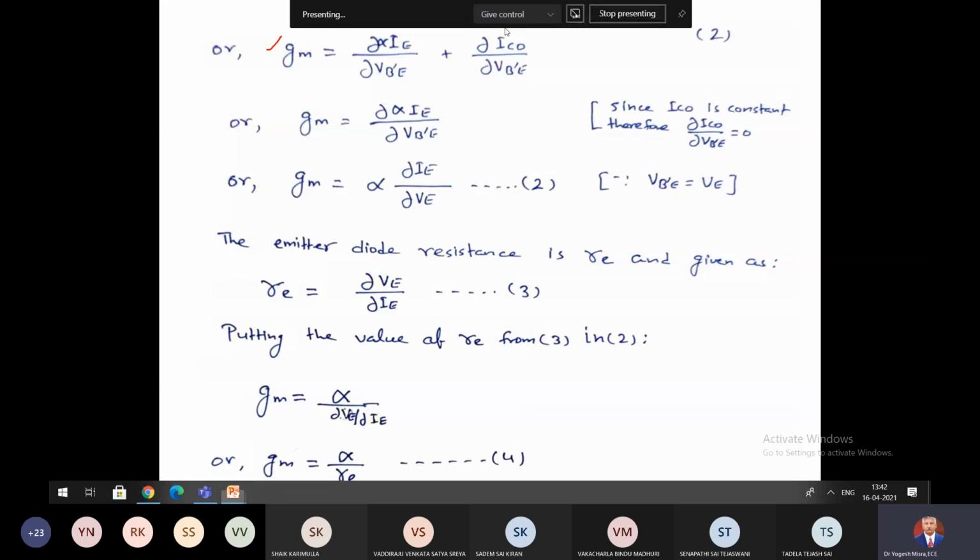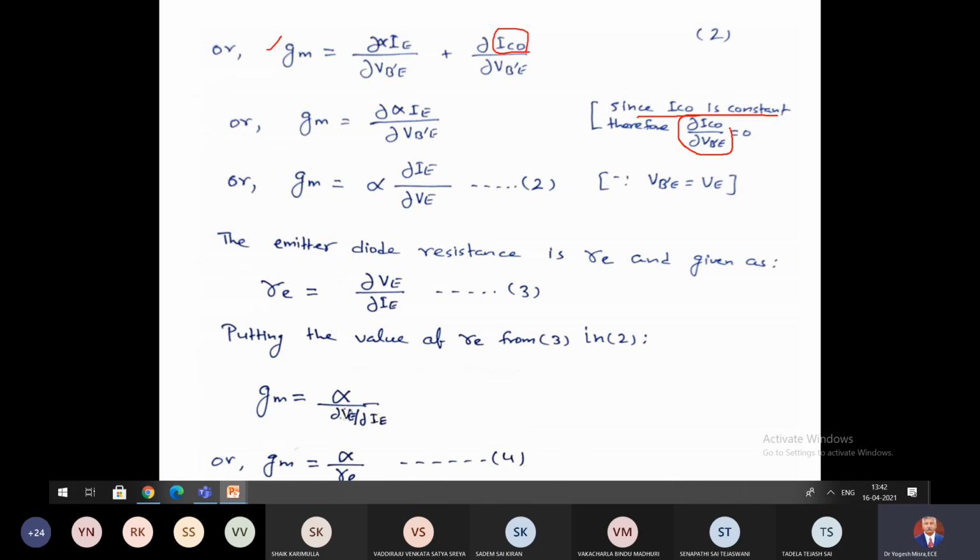And here we know that this ICO is leakage current and this is constant, right? It is temperature dependent, and at particular temperature its value will remain constant. So since ICO is constant, therefore del ICO by del VE term will become 0.